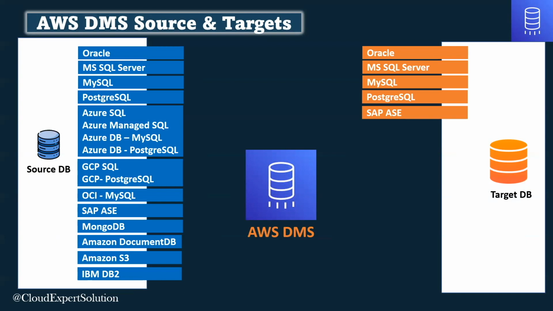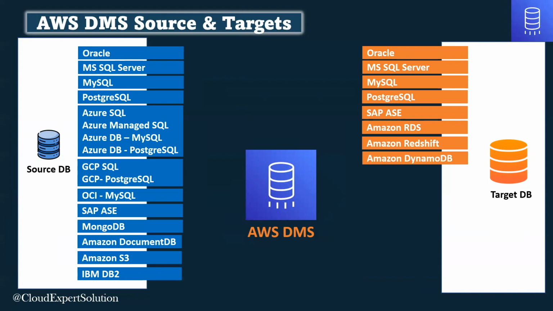The targets could be Oracle, MS SQL Server, MySQL, PostgreSQL, or SAP ASE. You can host those on an EC2 instance, or you can use Amazon RDS to host Oracle, MySQL, SQL Server, and PostgreSQL. You can also migrate to Amazon Redshift, which is a data warehouse.